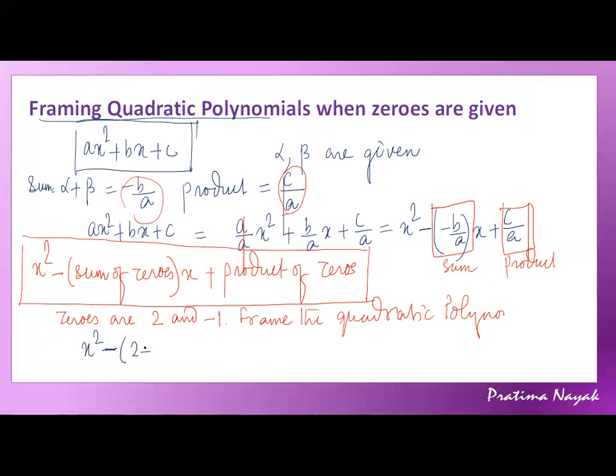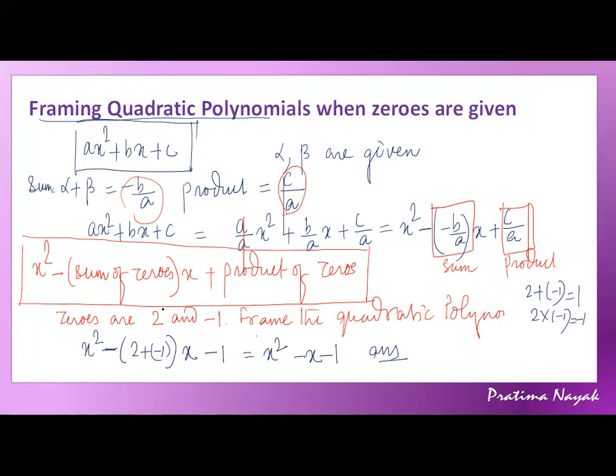Sum means 2 plus minus 1 whole into x. Or you can separately find the sum first, it is equal to 1. Then you find the product, it is minus 1. Then put here minus 1. So this will be x square minus x minus 1 is the answer.